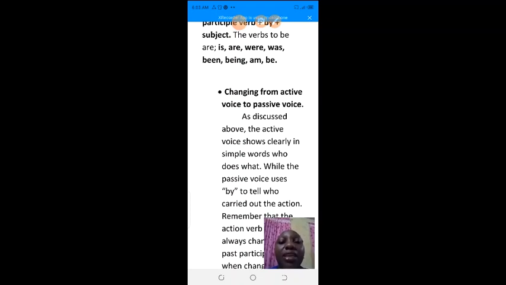Are is used in the plural present tense. Were is used in the plural past tense. Was is used in the singular past tense. Being is used in the present continuous tense, and so forth.